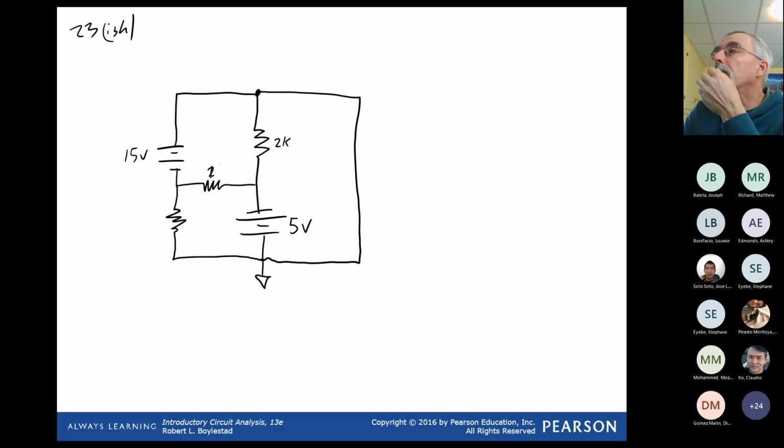Oh, I gotta use different ones. Make this 1K. Let me make this 3K. There, we get different value resistors.